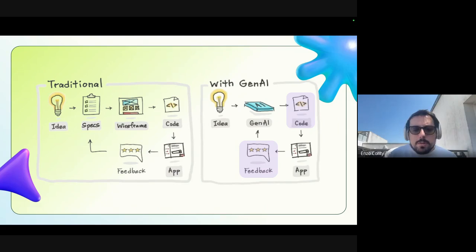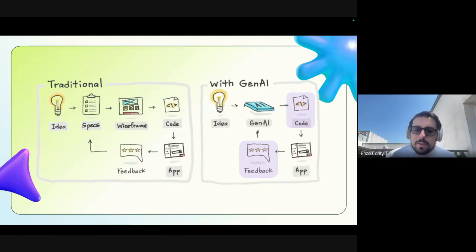When I say traditional, I mean before ChatGPT and before the AI era in general, we had this traditional life cycle of developing an app. We had an idea, we wrote the specs, we created wireframes on Figma or anything, then we created the code, then we had a product, so an app or website or whatever you are trying to build.